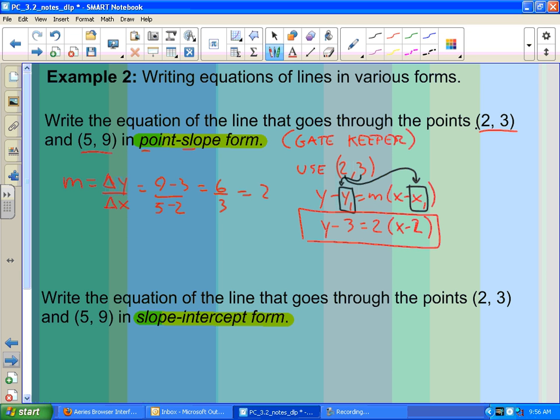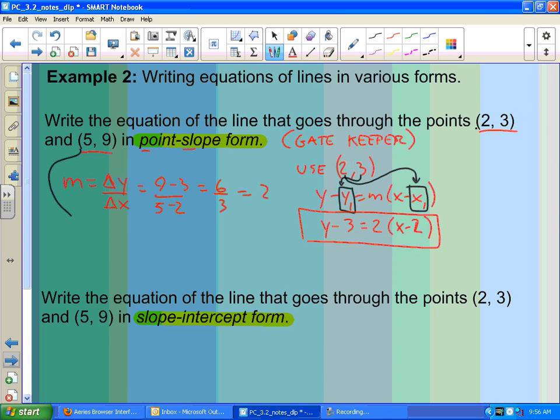If I wanted to take that further, which we're going to do with this next one, I have to do some distribution and moving. So there are only 2 steps to take me from point-slope to slope-intercept: distribute, and then move the constant that's with the y to the other side. Now I told you there could have been another equation for this.